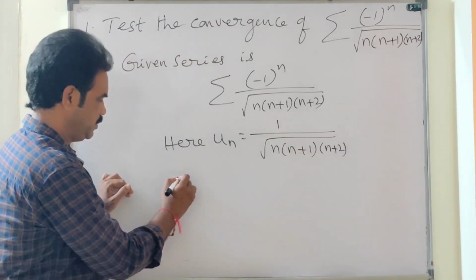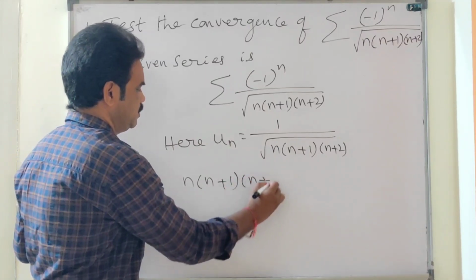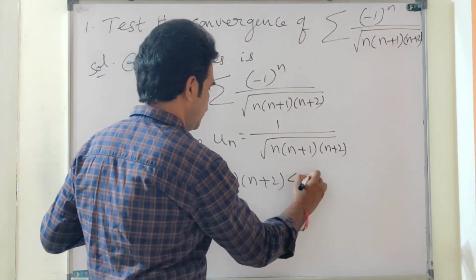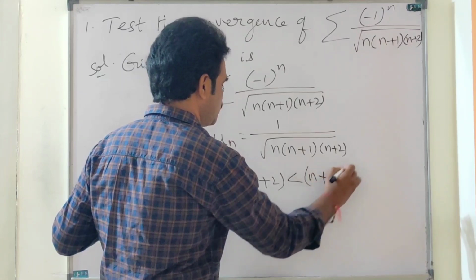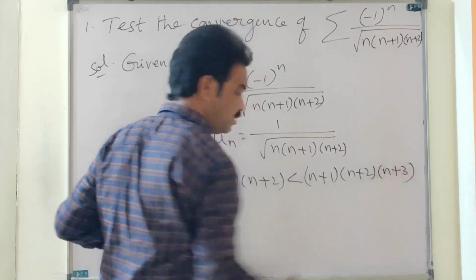We know that n into n plus 1 into n plus 2 is less than n plus 1 into n plus 2 into n plus 3 for all n.